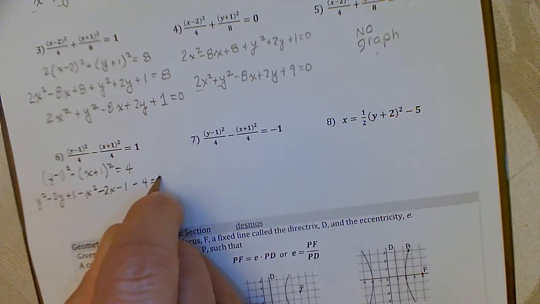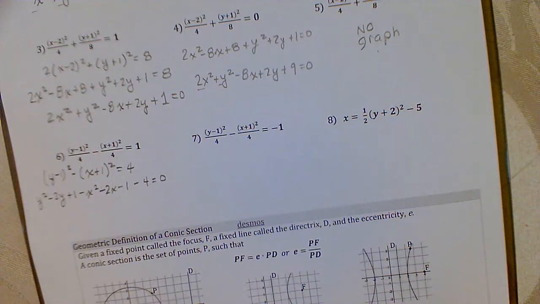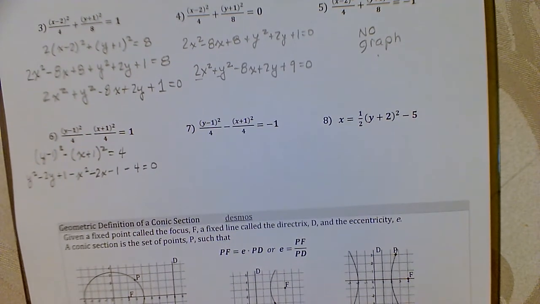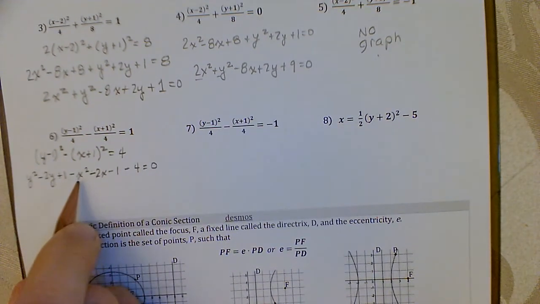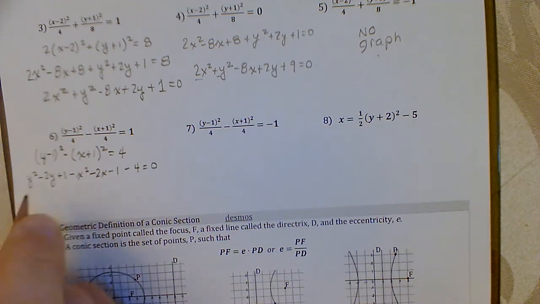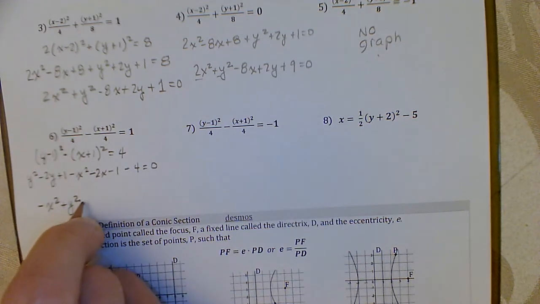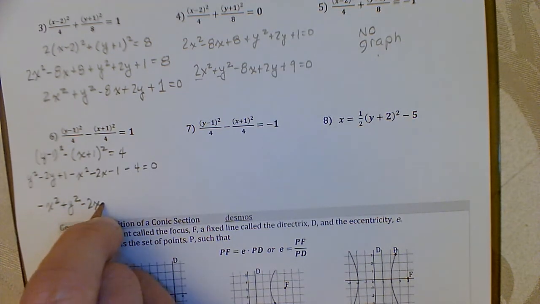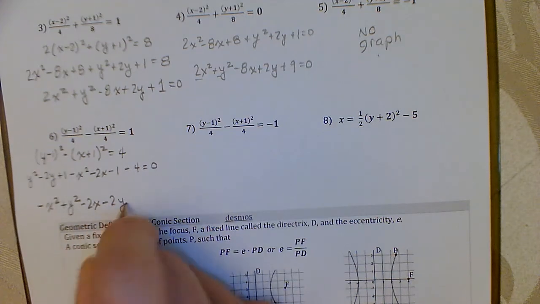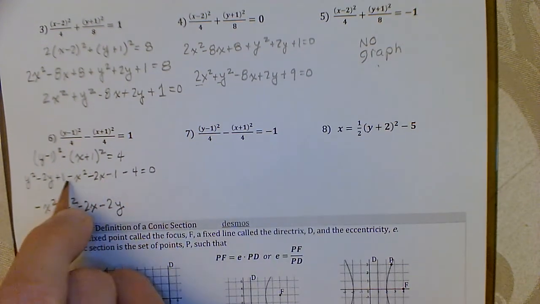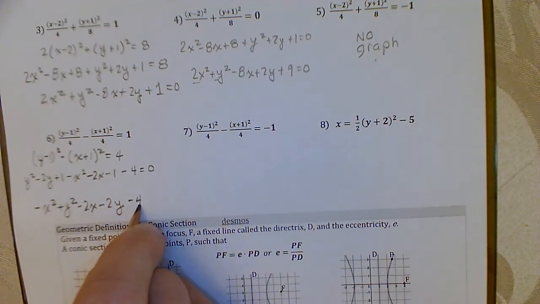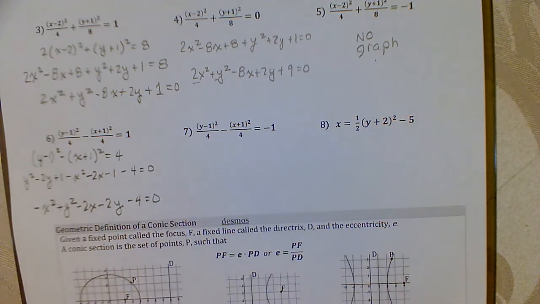Minus 4 equals 0, because we want to set that equal to 0. All right, and then finally, technically we want the x first, so it'll be negative x squared plus y squared minus 2x minus 2y. And then these ones cancel, so negative 4, subtract 4, equals 0.